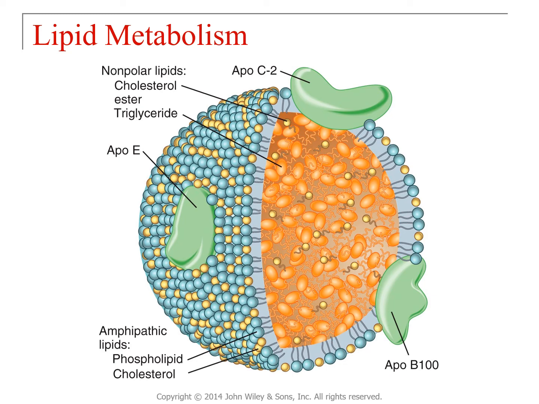But the core of the hydrophobic triglycerides, as well as fat-soluble vitamins, are surrounded by phospholipids as well as these apoproteins that help to make the lipids soluble or transportable in the blood plasma. Depending on the type of lipoprotein, they will have different percentages of the various fats, including triglycerides, cholesterol, phospholipids, and vitamins.